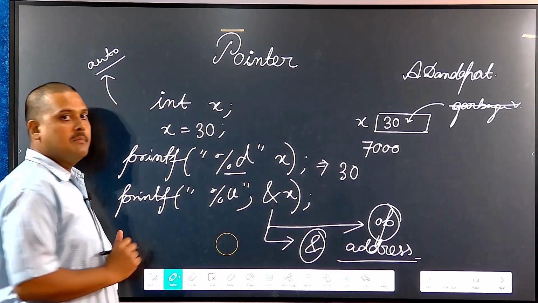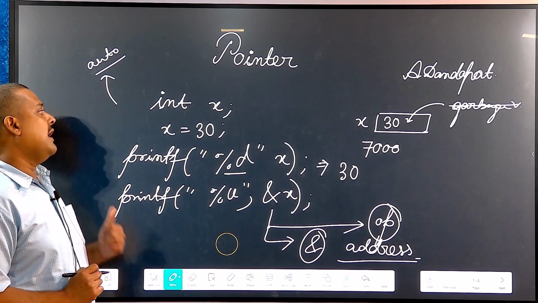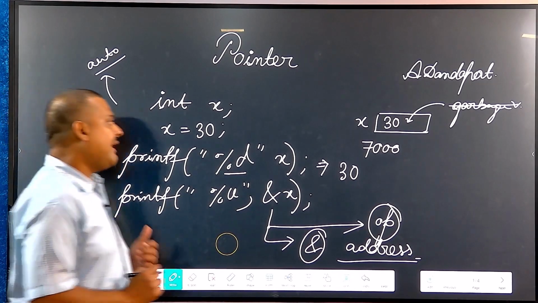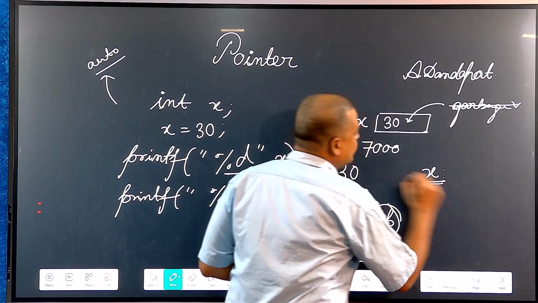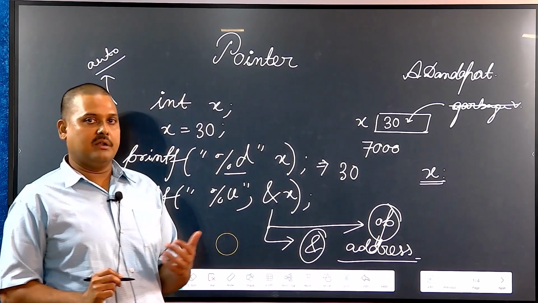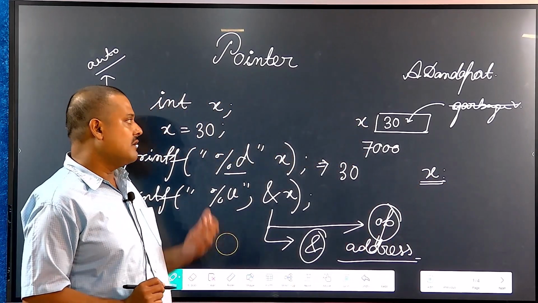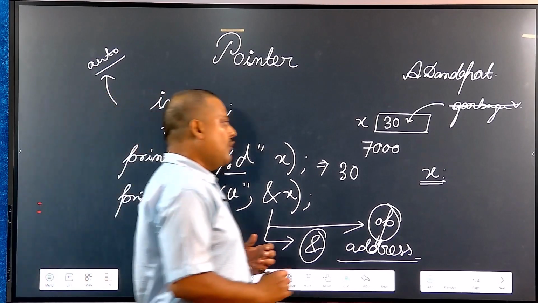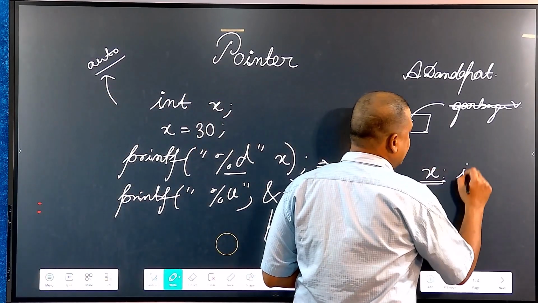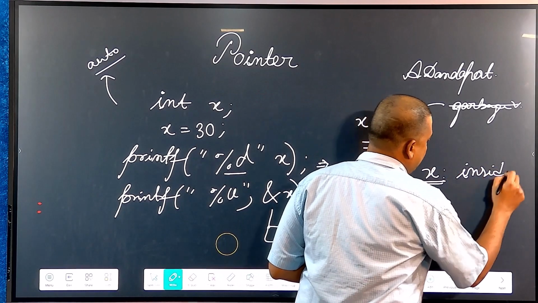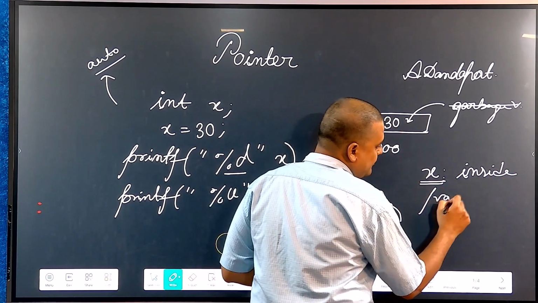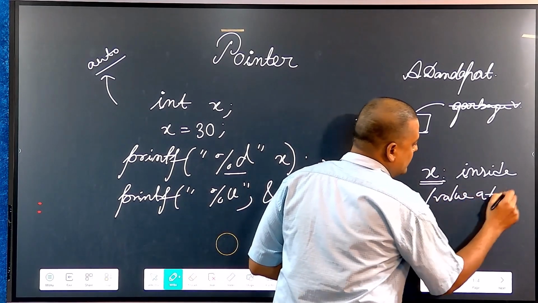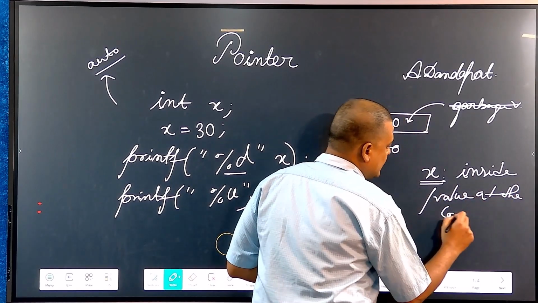Now, always remember, whenever we are saying a variable name, if I say x, whatever the variable is or whatever the value is, then we will go inside, and this can be the value at the location.